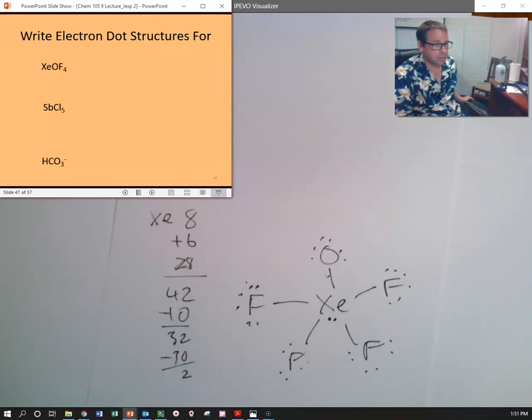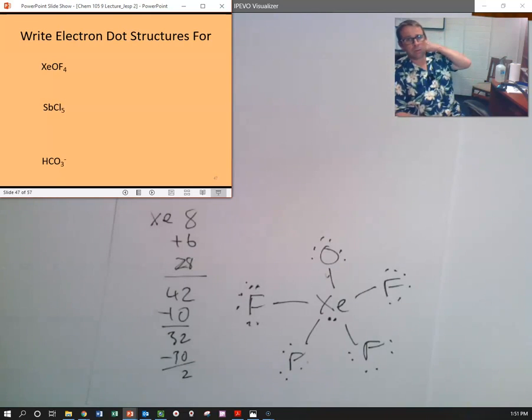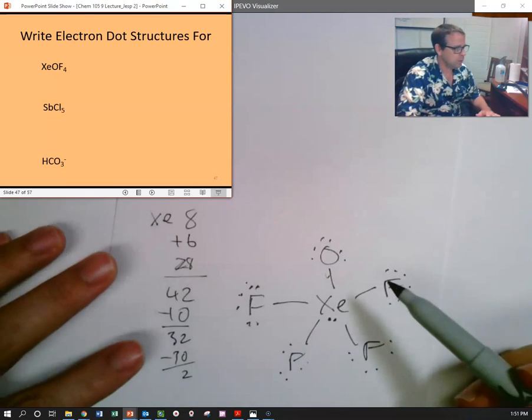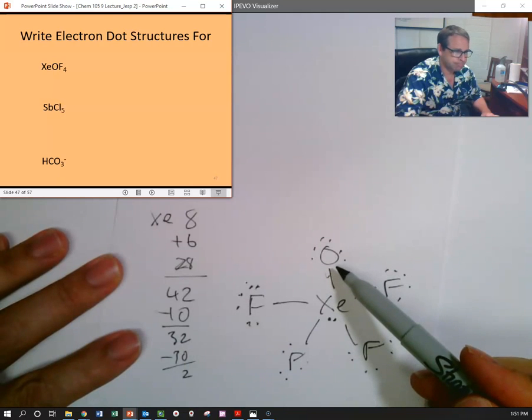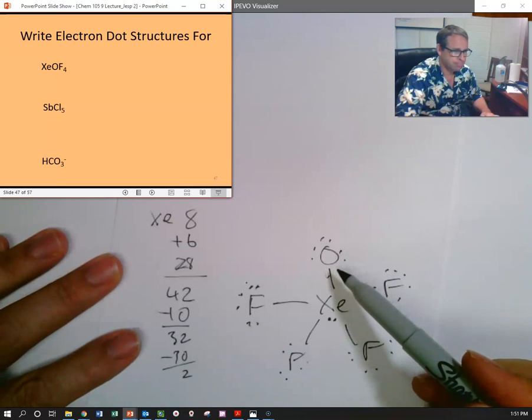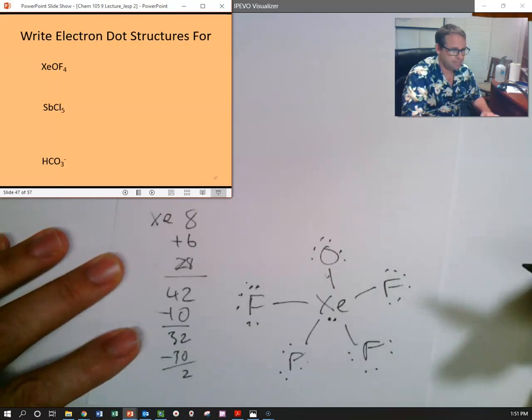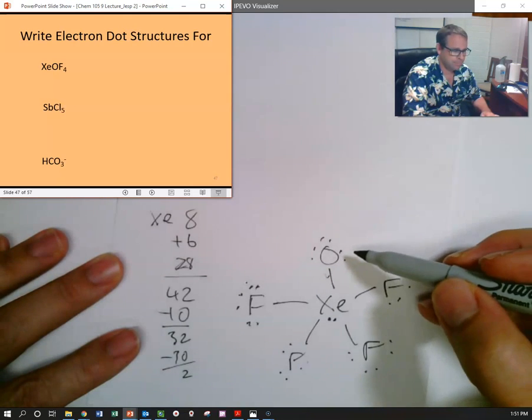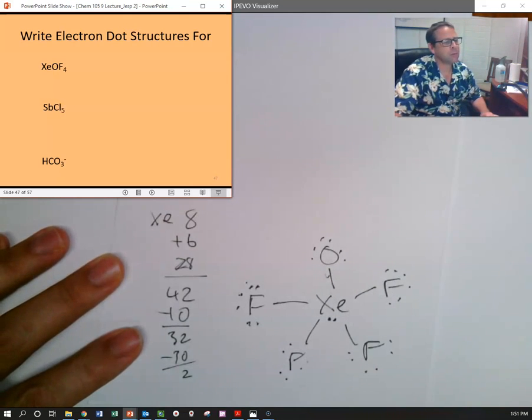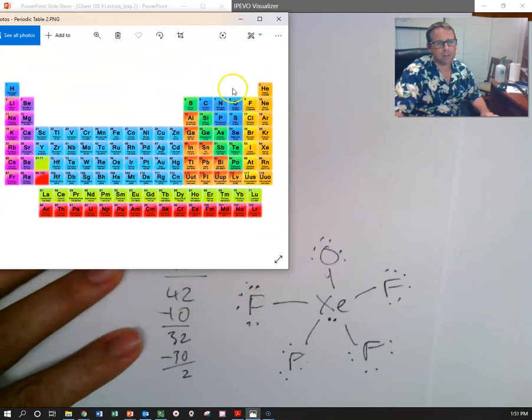I don't know. Is there any? What's the formal charge for the oxygen? How many electrons did it bring? It brought 4. No, it didn't bring 4 to the party. You can look at the periodic table here, right?